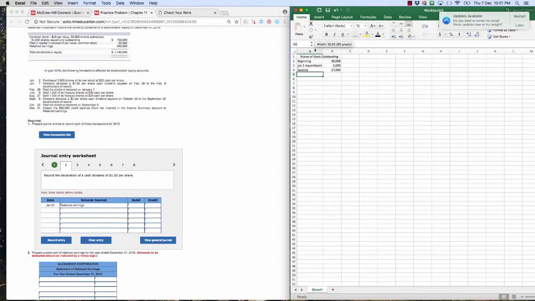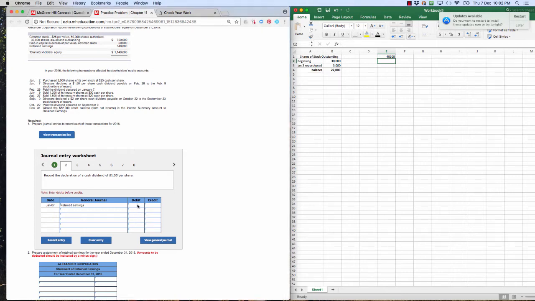So when we're declaring this first dividend, what we're dealing with isn't all 30,000 shares of stock. It's 27,000 shares. So we're going to have to do 27,000 multiplied by $1.50, and that tells us that we're going to debit retained earnings by the amount of $40,500.